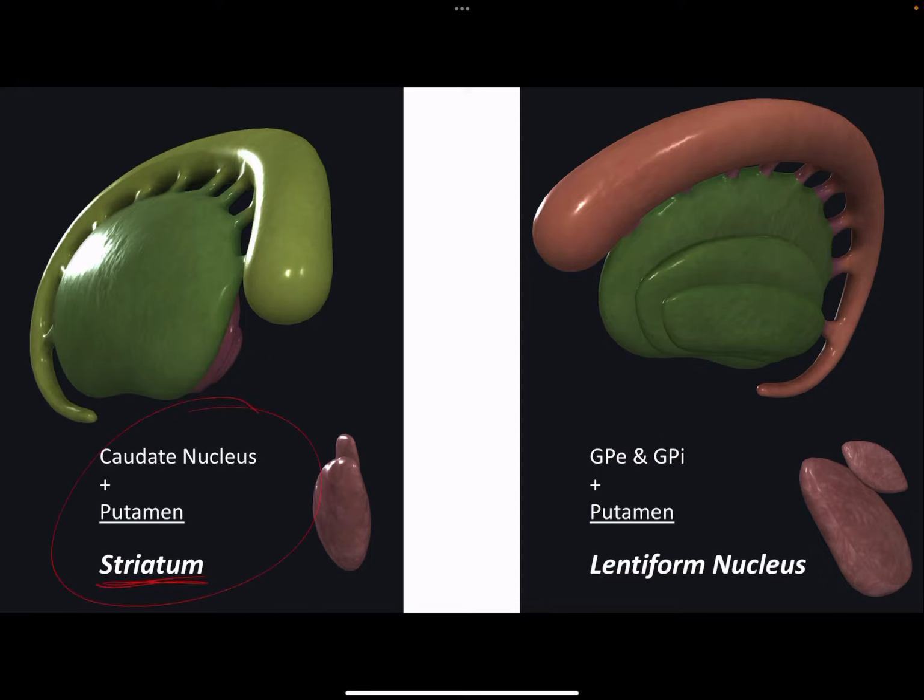This is probably the more important name to know because it's more cohesive from a functional perspective, at least as far as my understanding goes, than the globus pallidus externus, internus, and the putamen, which makes the lentiform nucleus. Like this looks more cohesive, but I think from a physiological perspective, we'll refer to the striatum more than we will the lentiform nucleus.